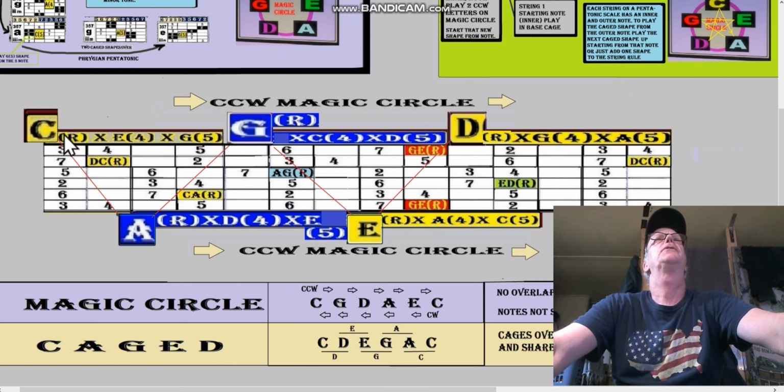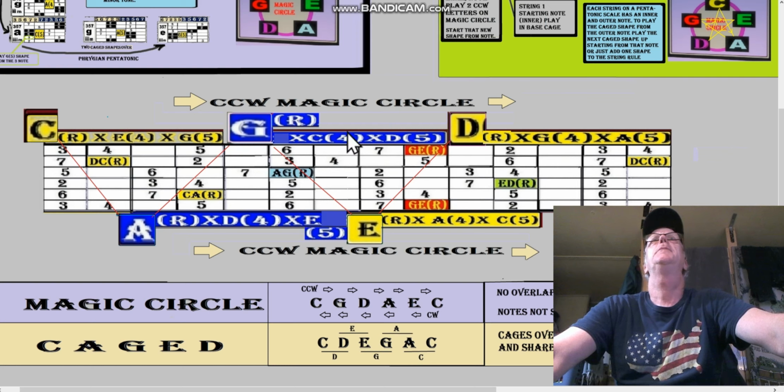The CAGED boxes are here and they do share notes. Here's the C box. Here's the A box. Starting here, it's sharing these 2 frets with the C box. The G box starts here and it's sharing 2 frets with the A box.